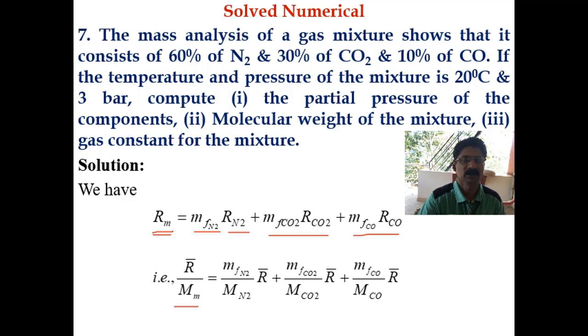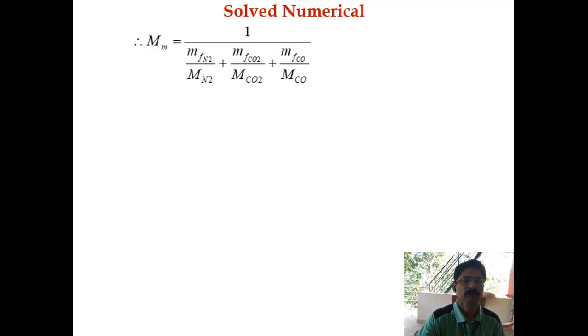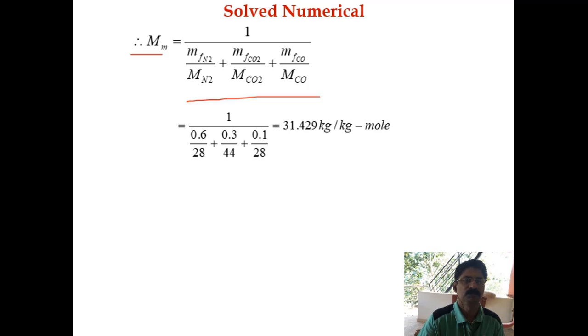Similarly, the gas constant for nitrogen is R bar by MN2, RCO2 is R bar by MCO2, and for CO it is R bar by MCO. From this you will get the molecular weight of the mixture Mm equal to 1 divided by (MfN2 by MN2 plus MfCO2 by MCO2 plus MfCO by MCO). If you substitute, you will get the molecular weight of the mixture as 31.429 kg per kg mole.